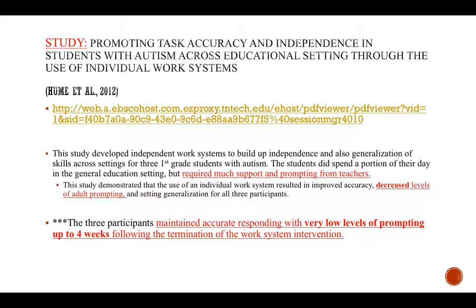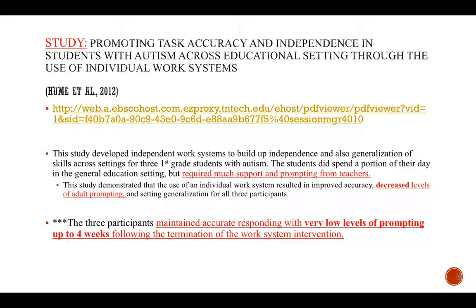All right, the study developed independent work systems to build up independence and also generalization of skills across settings for 3 first-grade students with autism. The students did spend a portion of their day in the gen ed setting, but required much support and prompting from teachers.